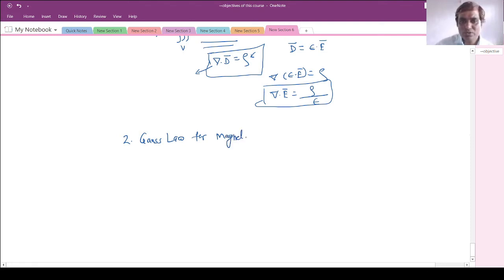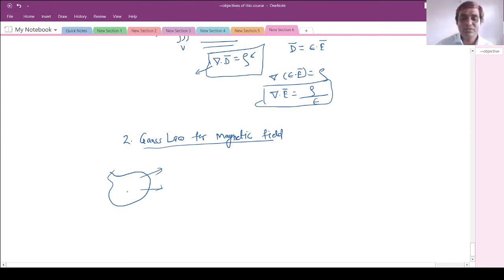So this is also the same as the electrostatic case that we derived first. Now consider the total or net magnetic flux coming out from the closed surface equal to the net magnetic charges, or in this magnetic case, instead of charges I will use the magnetic poles enclosed by the surface.